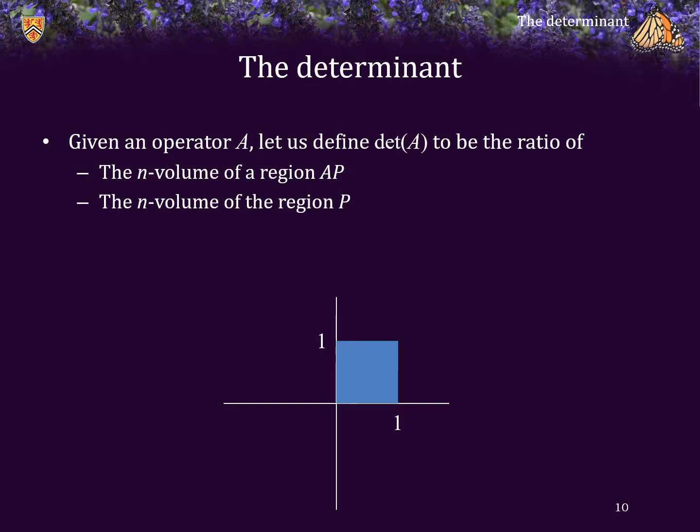So given an operator A, let us define the determinant of A to be the ratio of the n volume of a region A times P over the n volume of the original region P, assuming it is defined.